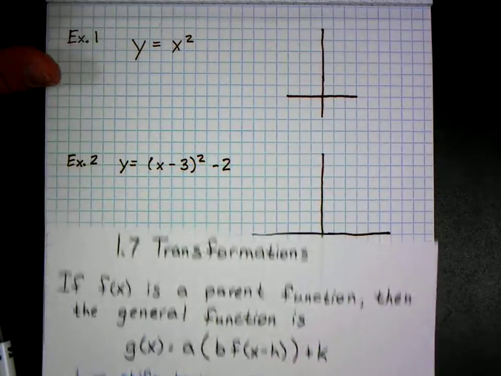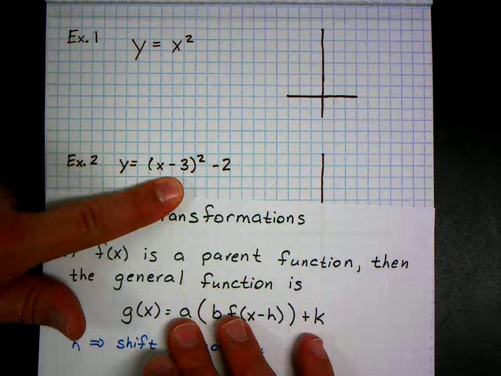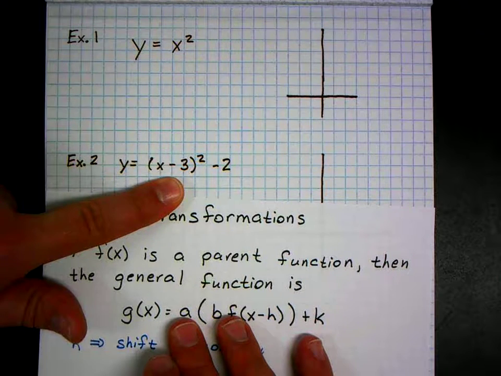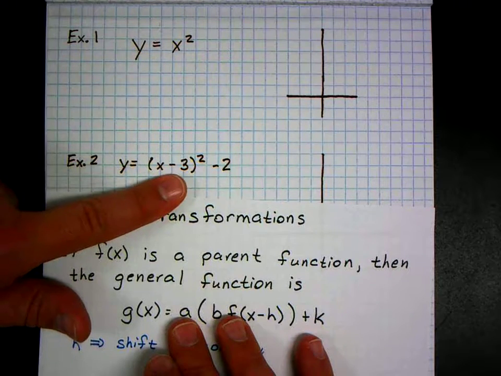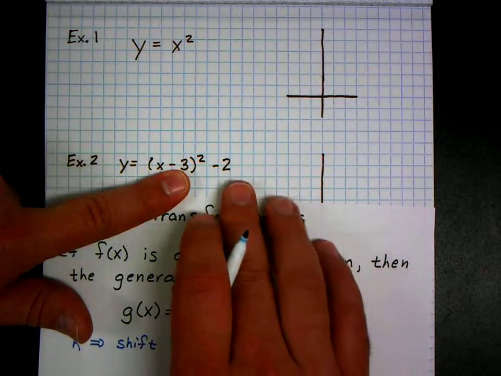So what we're looking at is something that looks like this. The f of x may be messing you up, but that's what we're looking at. If the f of x is referring to a parabola with the x squared value, and I'm subtracting something from the x, this would be my h. So what does the k do?